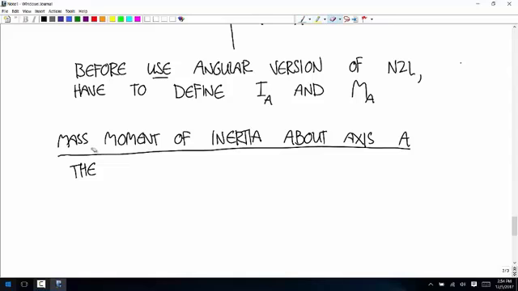So let me first just give sort of an intuitive definition. So this is a positive quantity, just like mass was.